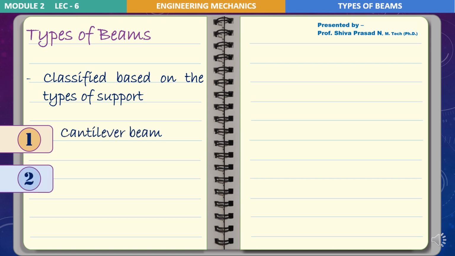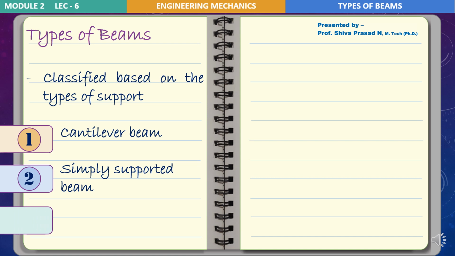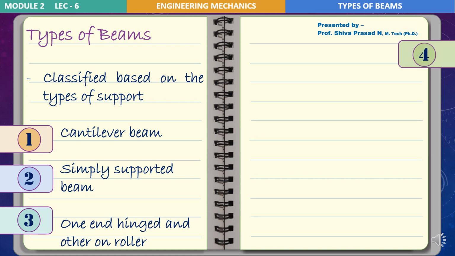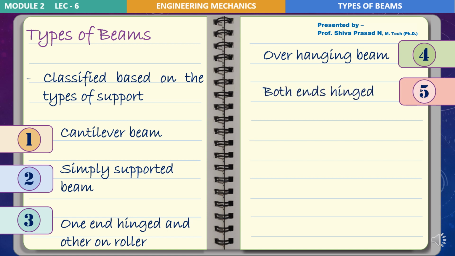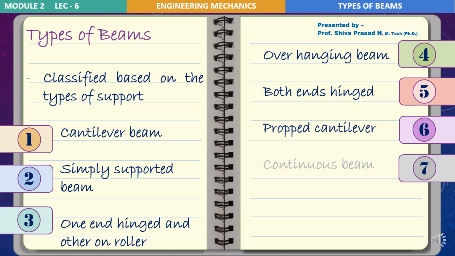Secondly, the simply supported beam. Third, one end hinged and other end on rollers. Next, the overhanging beam. Fifth type, both ends hinged, sixth type, the propped cantilever, and last, the continuous beam.